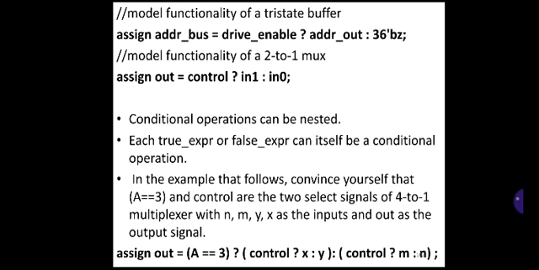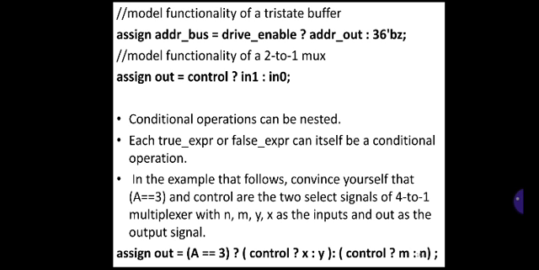Now again here there is a conditional operator. So this is called nesting of conditional operator. Now check again the control value. If control value is 1, then X is assigned to out. If control value is 0, Y is assigned to out. So this is how it is executed. Now if A is not equal to 3, then it is evaluated to false, that is 0.